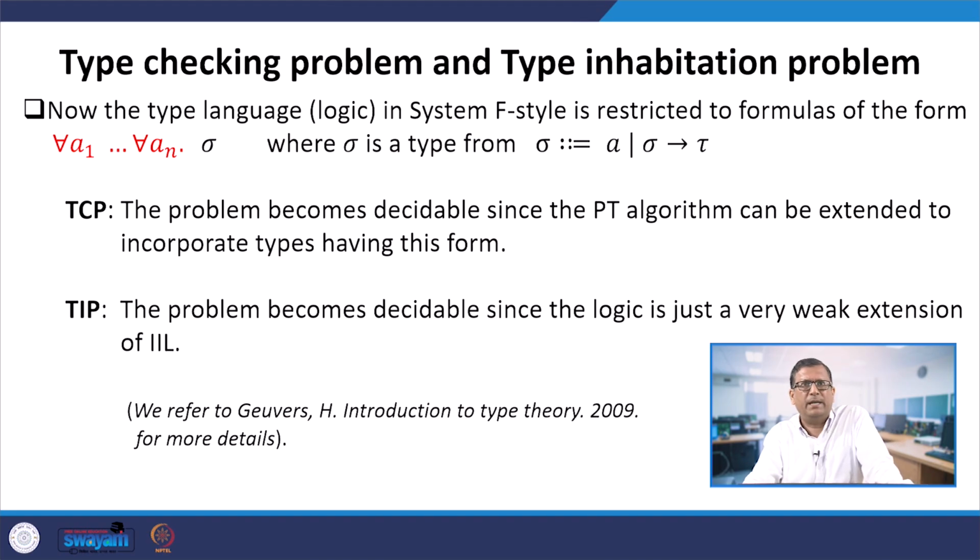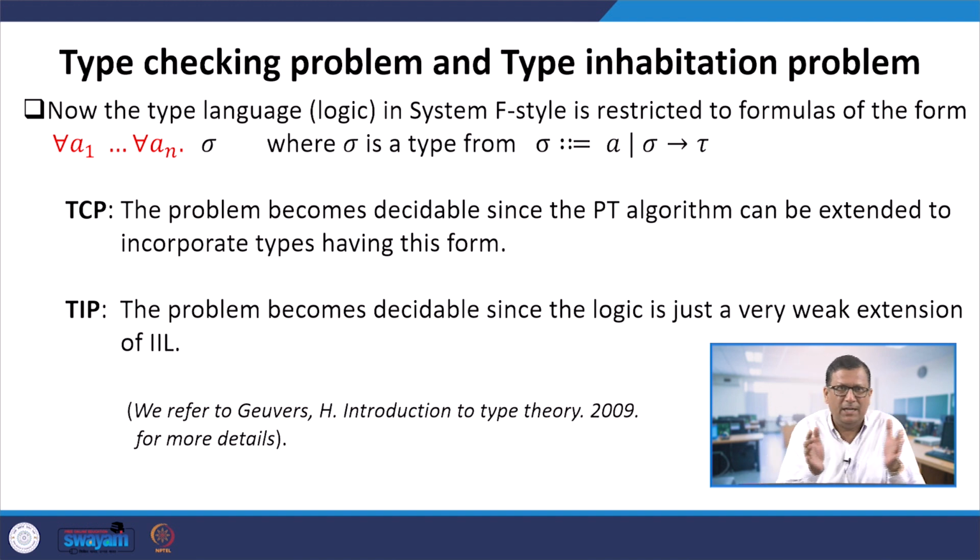Both the problems again become decidable. The principal type algorithm that we have studied can be extended to incorporate types of this form. And the logic that we now have, intuitionistic implication logic, is a very weak extension of IIL, so that makes it decidable. Again, we refer to this paper, where a very nice discussion is given.